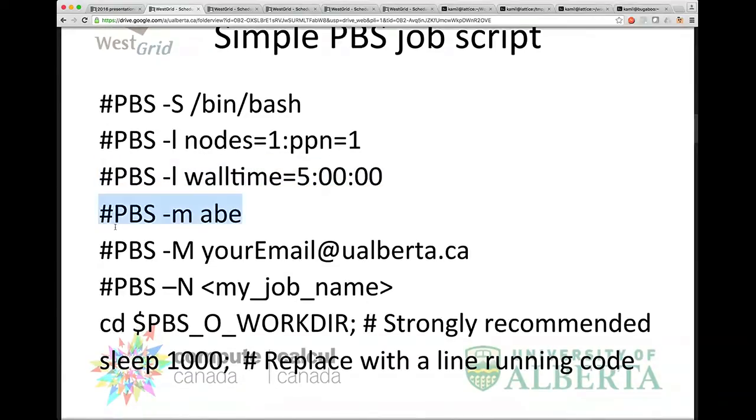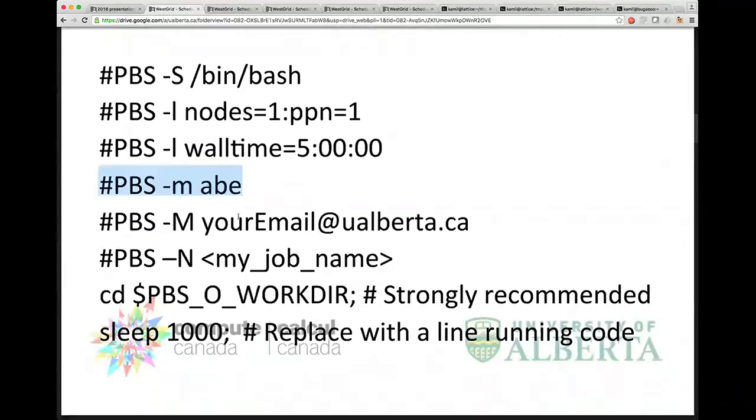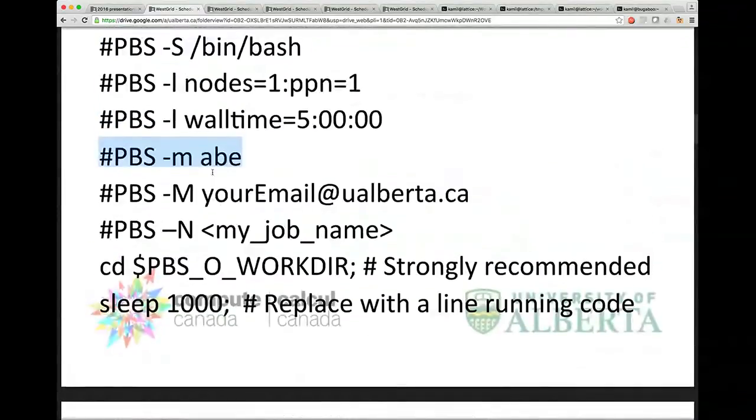The next line basically says to email you when the job aborts, begins, and ends. So you want the email when the job enters an error state, when it starts, and when it finishes, or not.